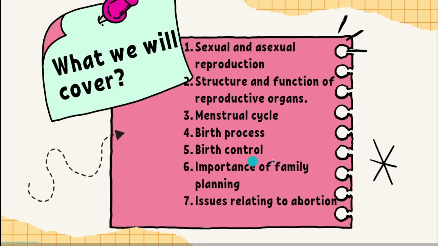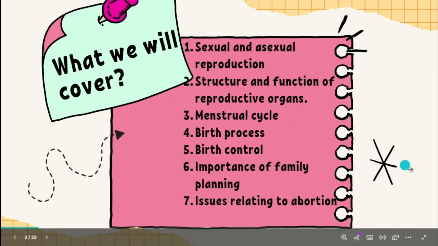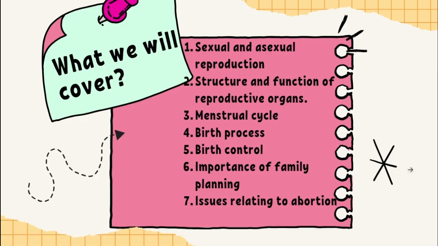The goal is to get through these particular topics. The reproductive system is very broad, right? There's a lot that goes into it. So what we want to talk about is sexual and asexual reproduction, and the structure and function of our reproductive organs, both for the male and the female. Although, for the female I'm going to take up a bit more time because a lot more goes on there.